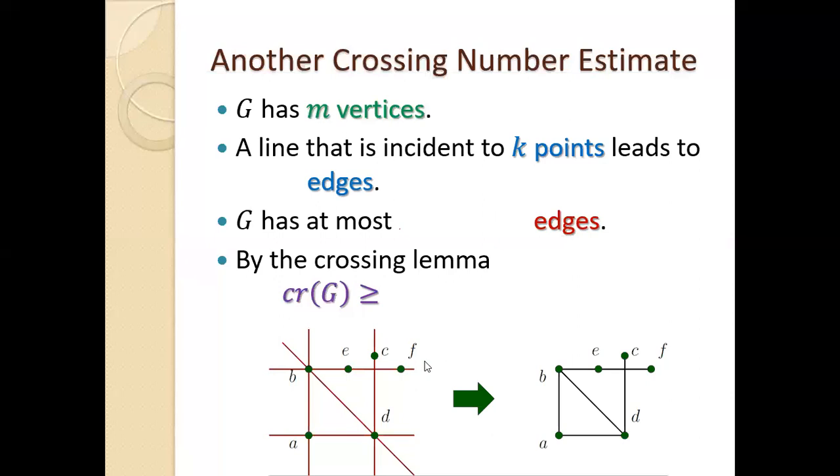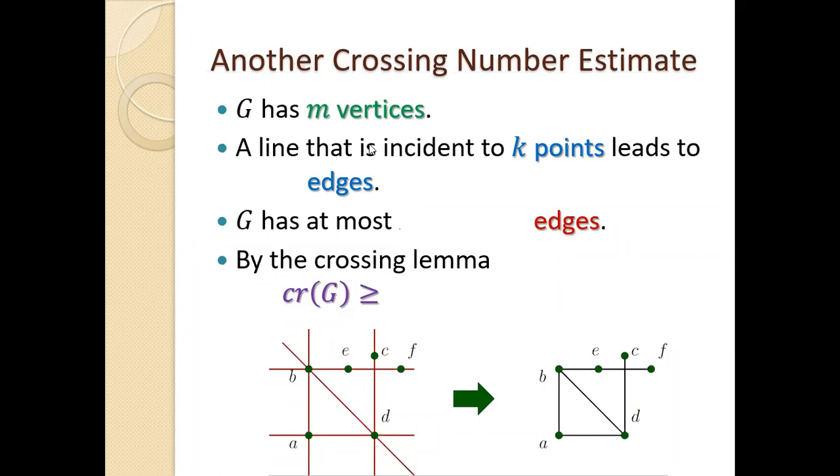What about this one? This line contains 3 points, B, E, and F. How many edges did it create in the graph? 2, very good. It created the edge BE and the edge EF. Very nice, thank you.